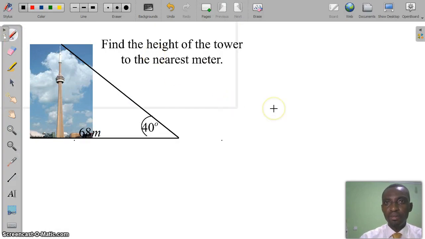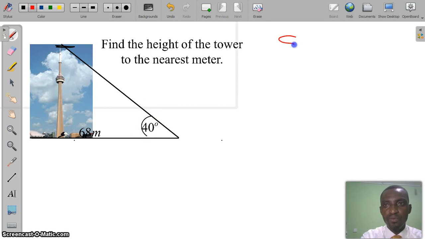From here we want to find this very height, from down here up to the top here. That is our target. The height is the opposite of the angle theta given.